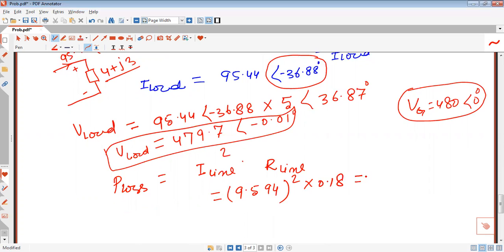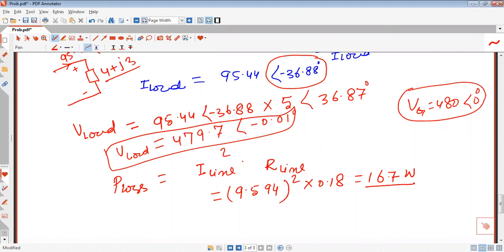So after solving, this value is coming approximately 166 watt. So power loss is very small.